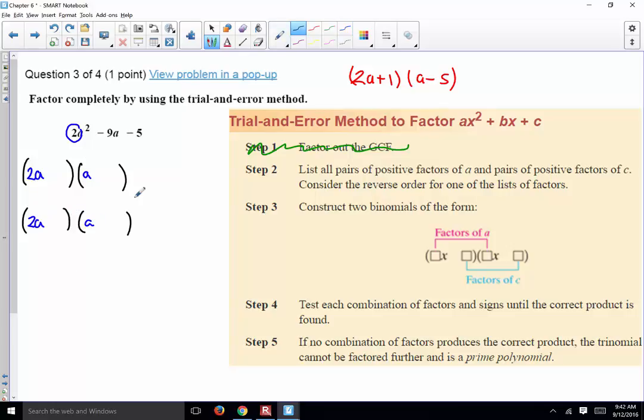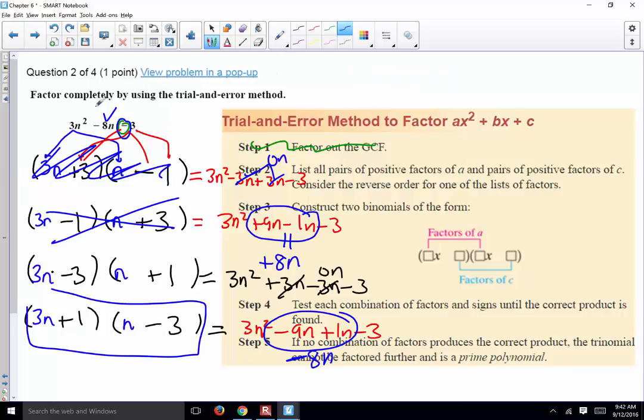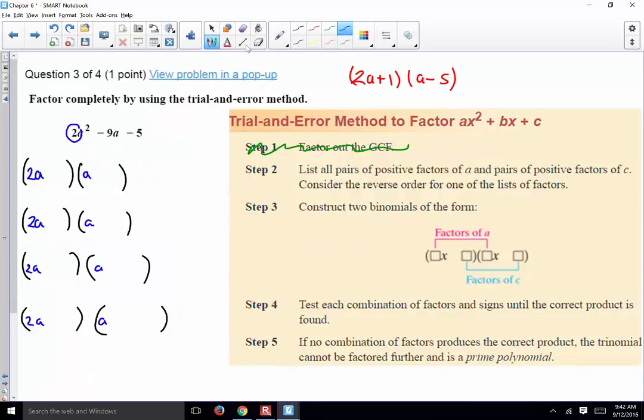Now you may need more options. But this is just like this previous question. It's a negative number. You can only have opposite signs here. Right? Different signs. Not same sign situation here.